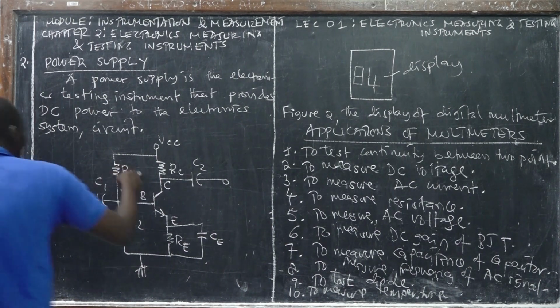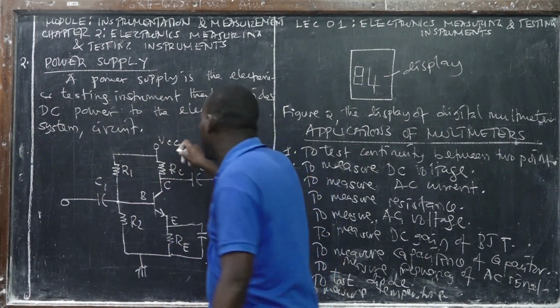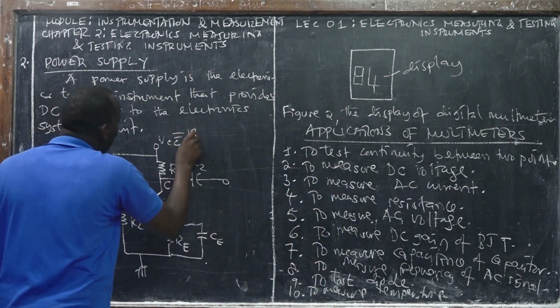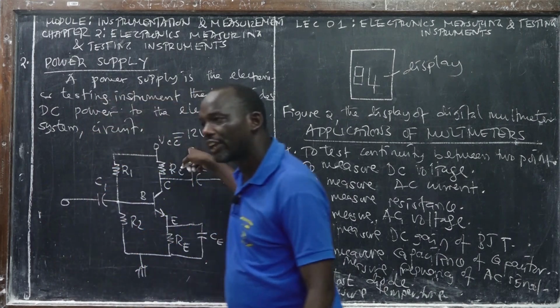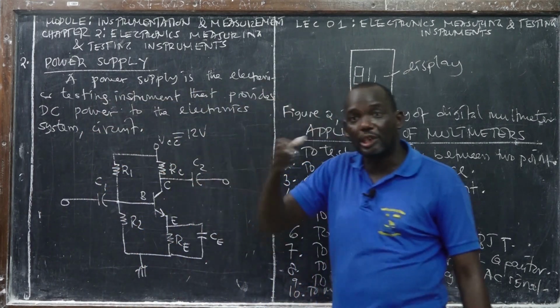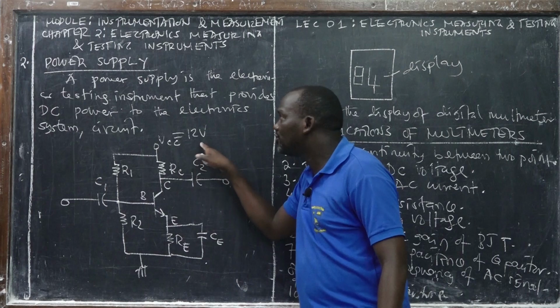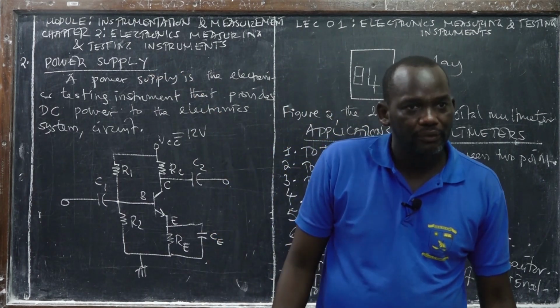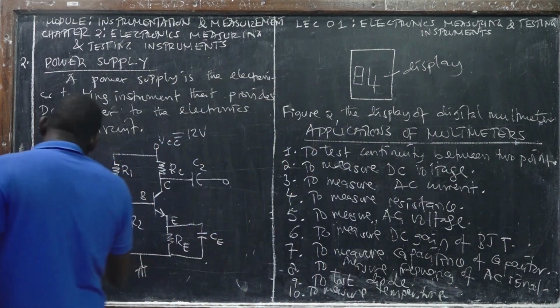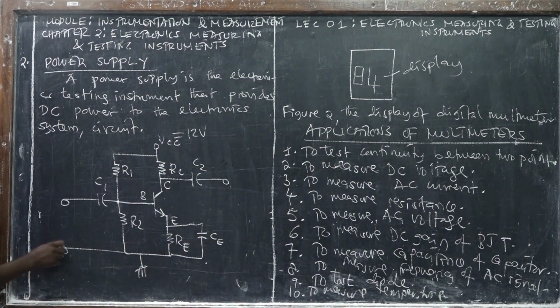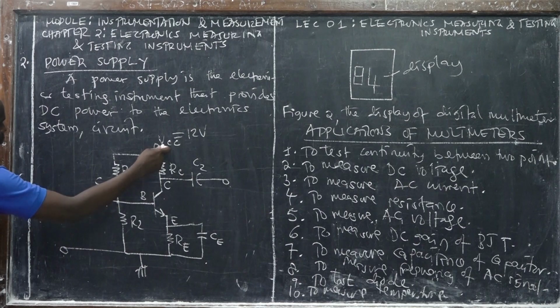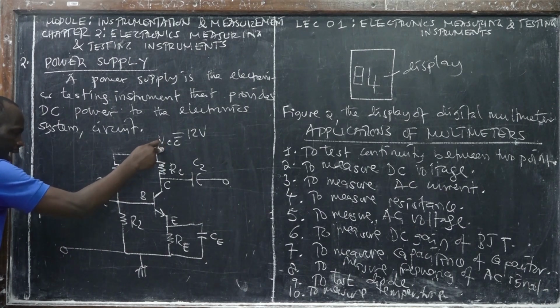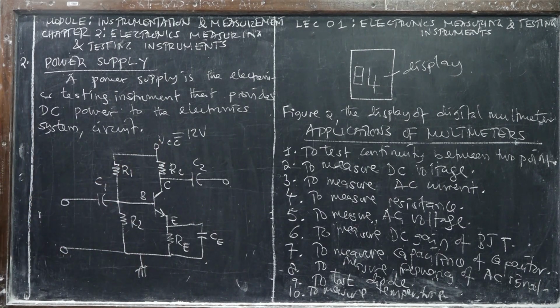Practically, this VCC, in most cases, is 12 volts. This VCC is DC power. So we get this VCC from the power supply. Then we need to introduce what supplies the signal, which is an analog signal. This is the positive of the power supply, and this is the negative. Ground in electronics means the negative terminal.